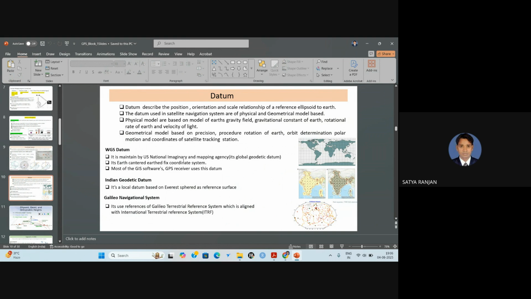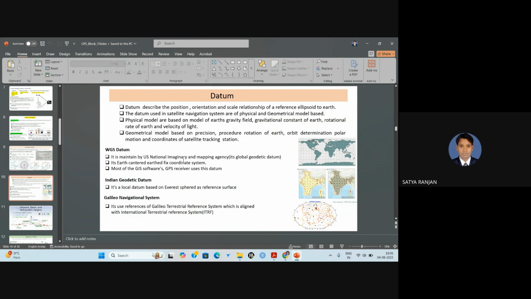Then it is called the datum. Datum is the frame. Based on this frame, we can draw different projections and different latitude and longitude information, then the XY coordinate system. So datum is just like the frame. Suppose we have the center of Earth, and we have an artificial Earth.